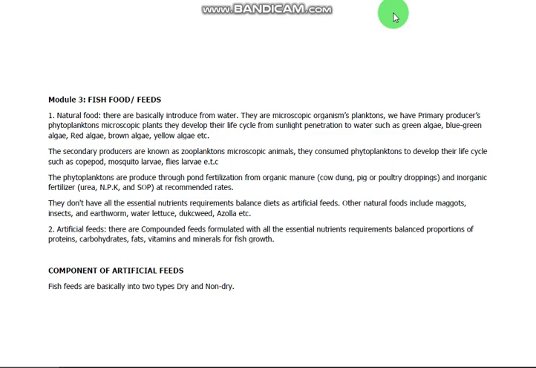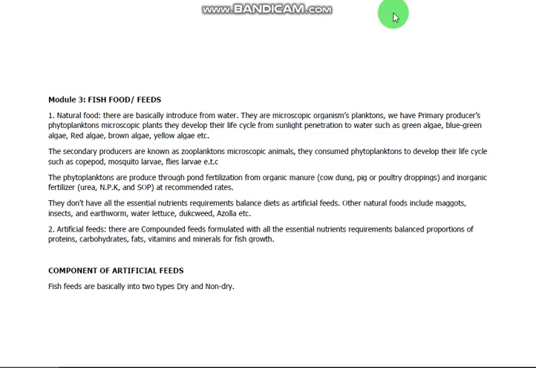Yes, when you do a lot of fertilization and add organic manure to your pond before stocking your pond with fish, it helps to increase the numbers of phytoplanktons in your pond, such as algae. So when you see a pond that is very full of algae, you can quickly know that, okay, this pond has been fertilized. It is to let your fish have something to eat, an alternative to artificial feeds that could cost you money.